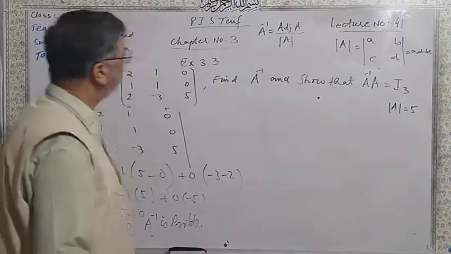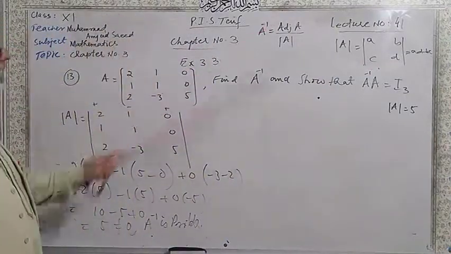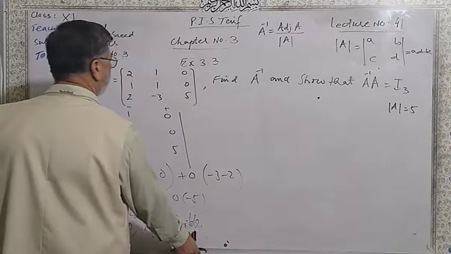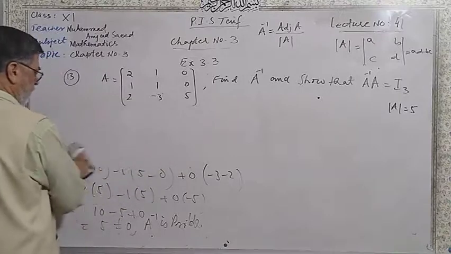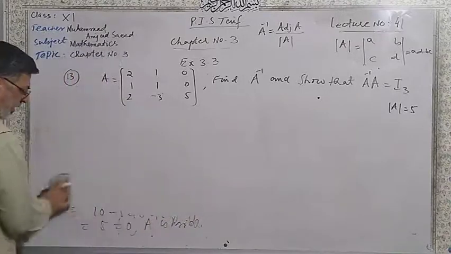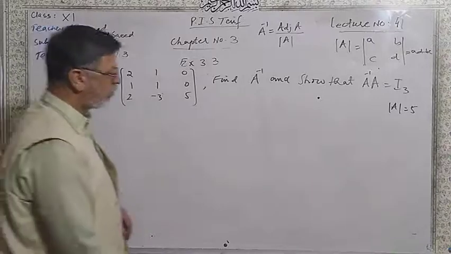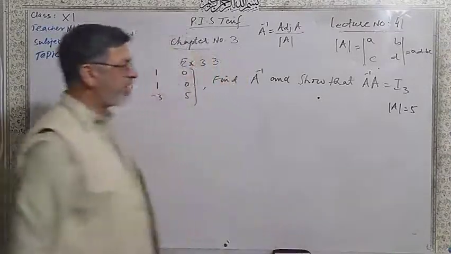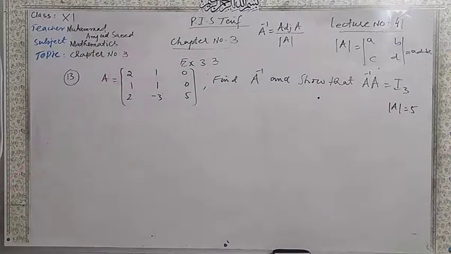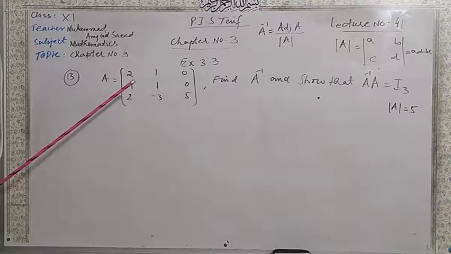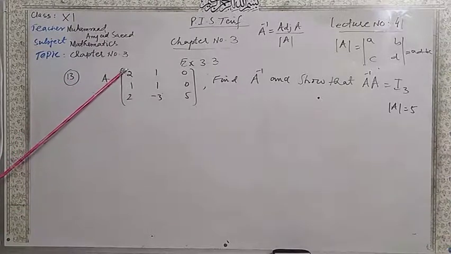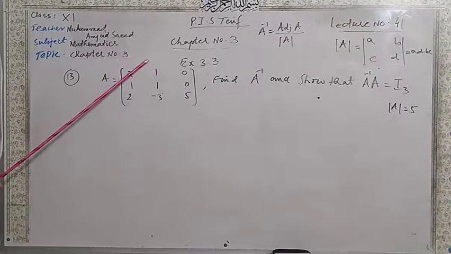After that, we have to find adjoint A. Dear students, so far you have the idea to find the adjoint A of a 2 by 2 matrix. But here the case is different. This is a 3 by 3 matrix. To find adjoint A, we have to find the matrix of cofactors of all members.